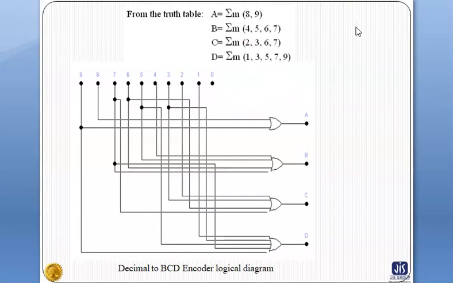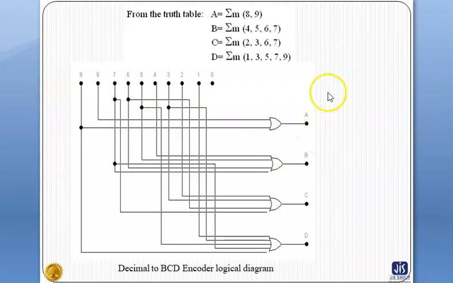From the previous table we can get 4 output Boolean expressions for A, B, C and D, and here also 4 OR gates are required, and as per the output expressions, these OR gates are connected to respective input lines.